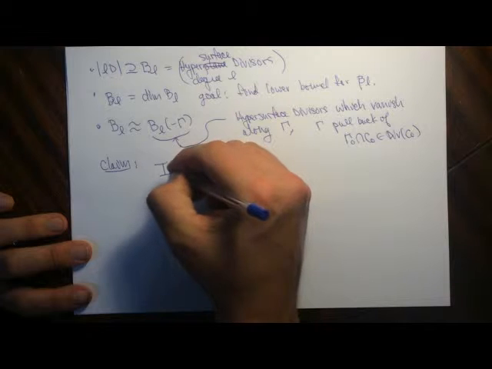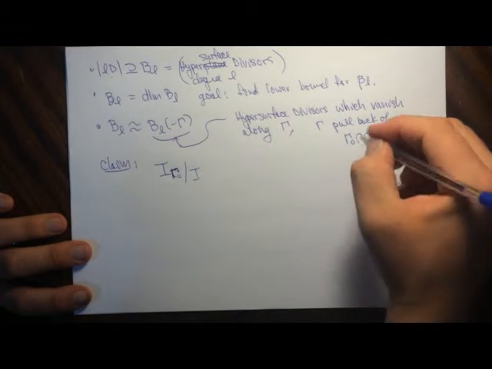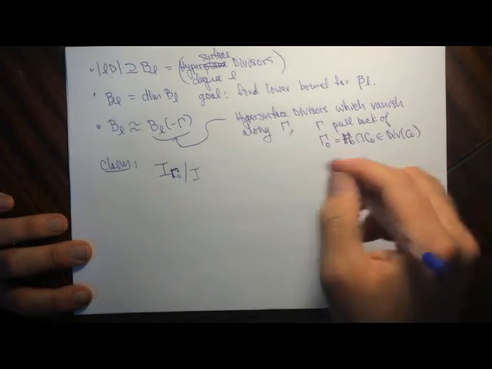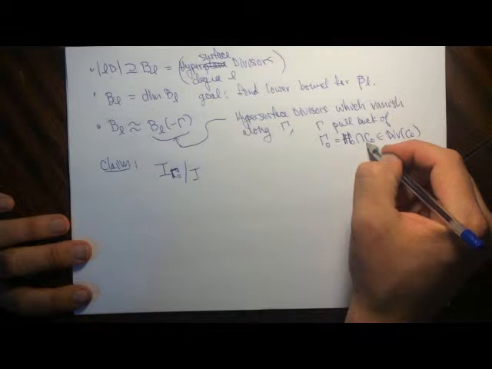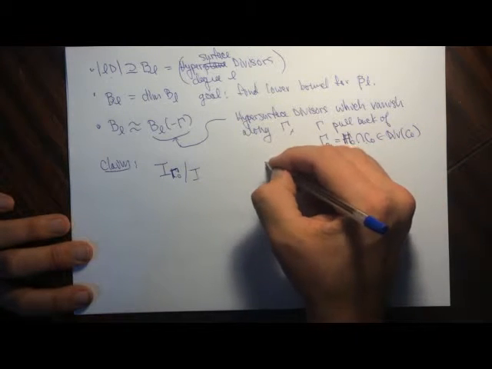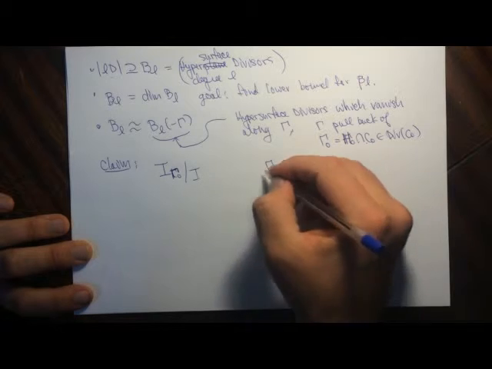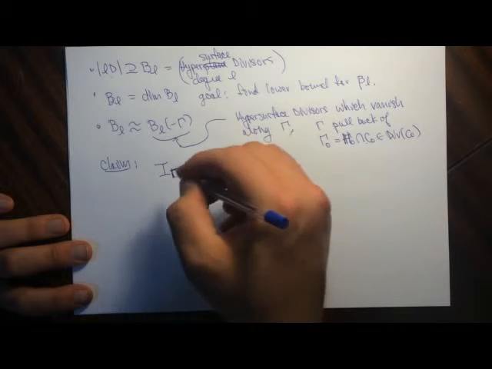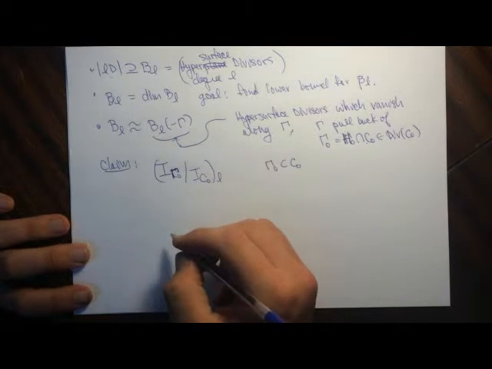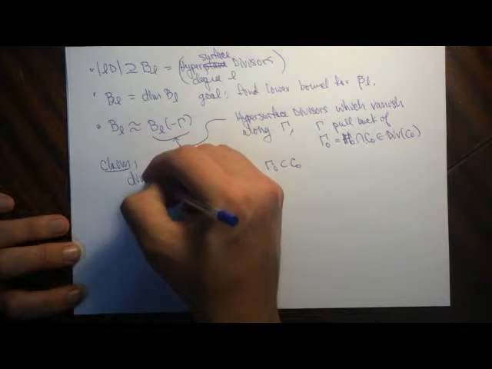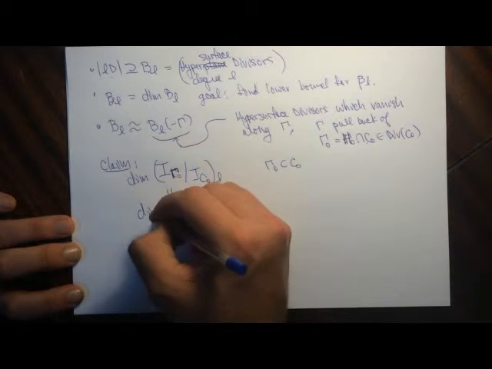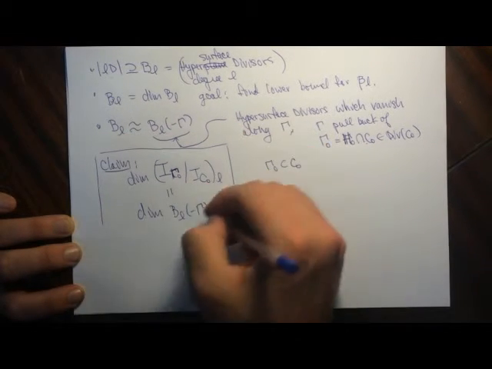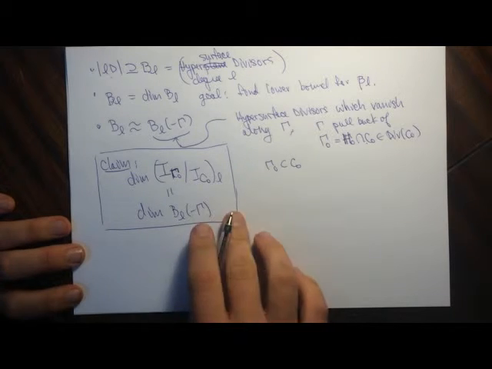Gamma 0 is contained in C, so its ideal... the ideals are reversed. So the dimension of this is equal to the dimension of BL minus gamma.